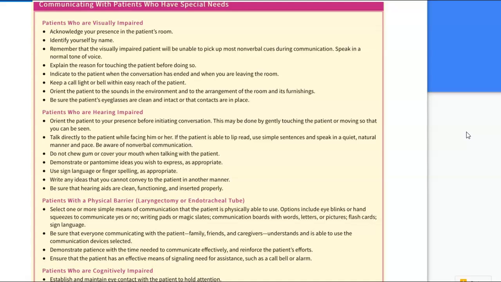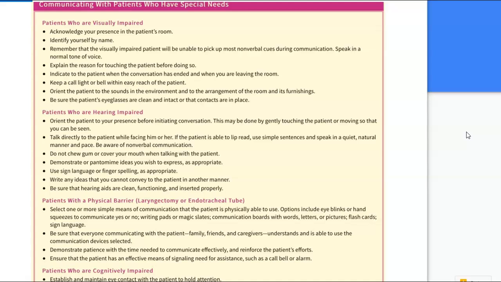For hearing impaired, make sure you're talking directly to the patient. If they need an ASL interpreter, use an interpreter. Maybe write ideas that you cannot verbally express.